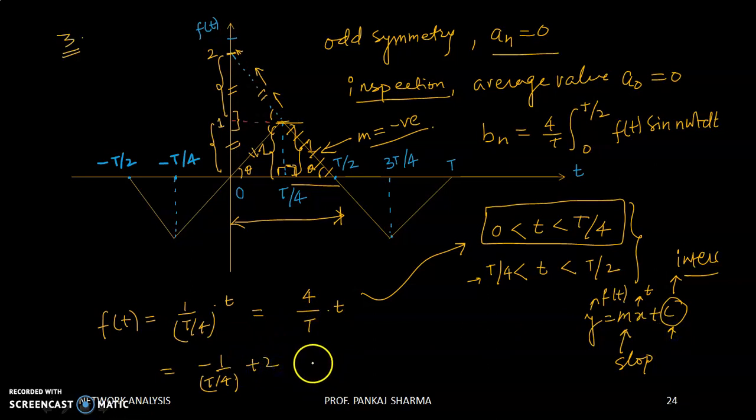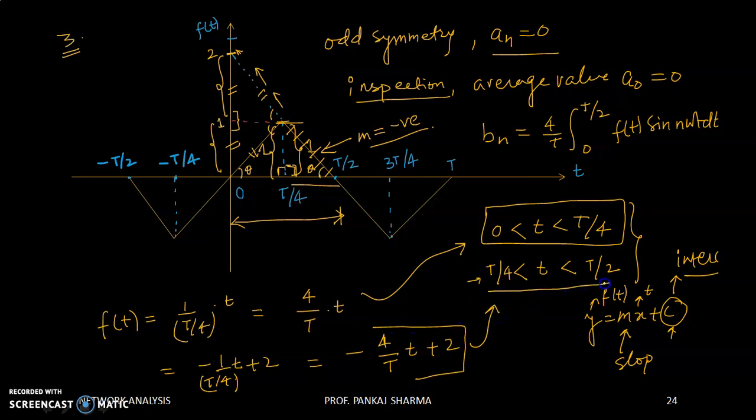So it is actually minus 4 by T, here it is small t always, minus 4 by T into t plus 2. This whole function is for this time period. So we have the function defined as, let us write fresh.